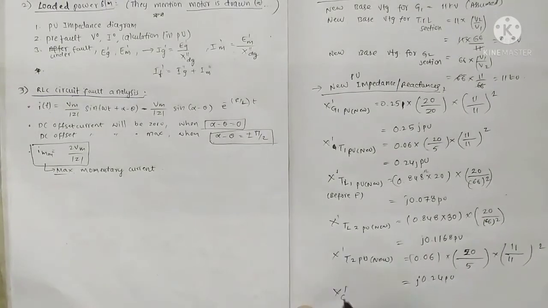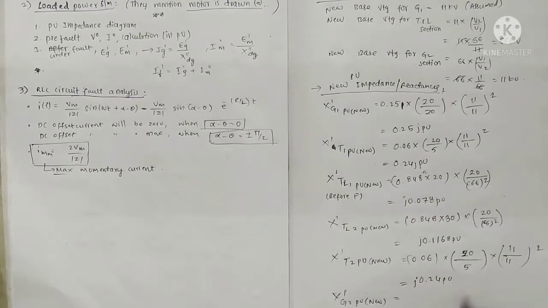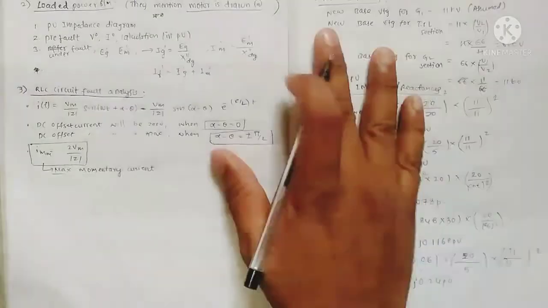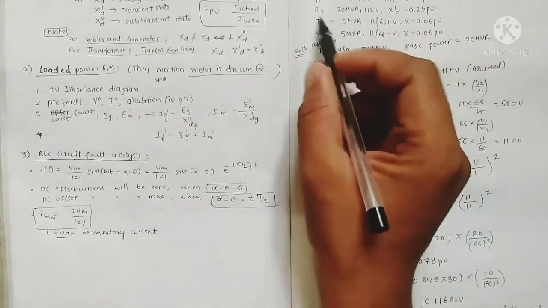Finally, X dash G2 pu new is equal to the old pu of the G2 transformer.